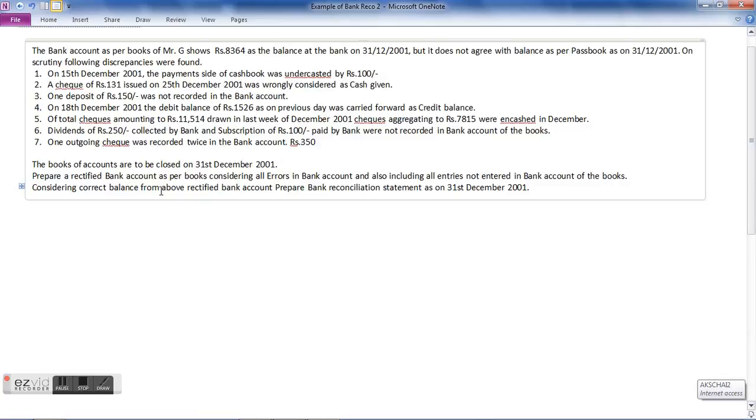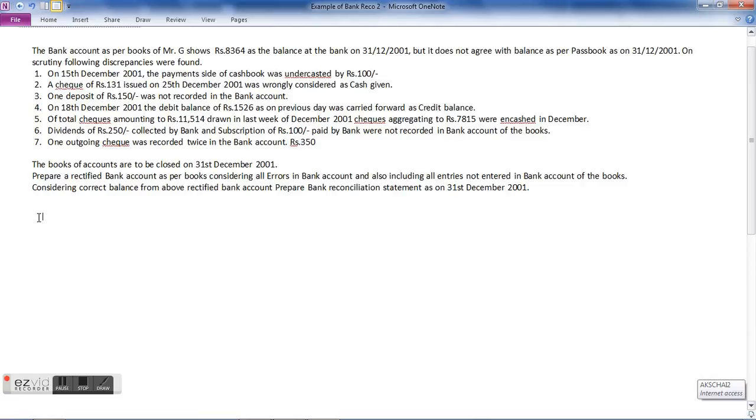Considering the corrected balance from the rectified bank account above, prepare the bank reconciliation statement. In our previous example we were given both the balance as per passbook and the balance as per your bank account, but in this example we are only given the balance as per your bank account, and even that balance is wrong, since there are many errors and rectifications we need to do.